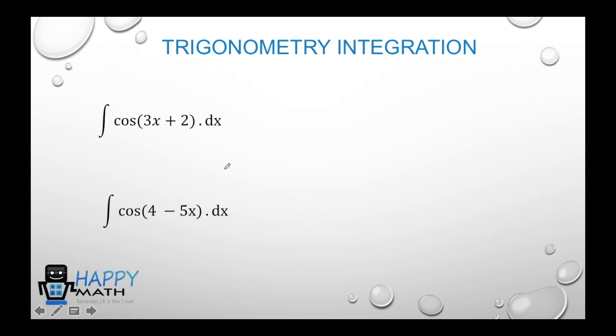In the second one, first I have to change dx to become d of minus 5x. D of minus 5x means you have to multiply by minus 1 over 5. Cos of 4 minus 5x, d of minus 5x. And because it is like 4, I have to add 4 more.